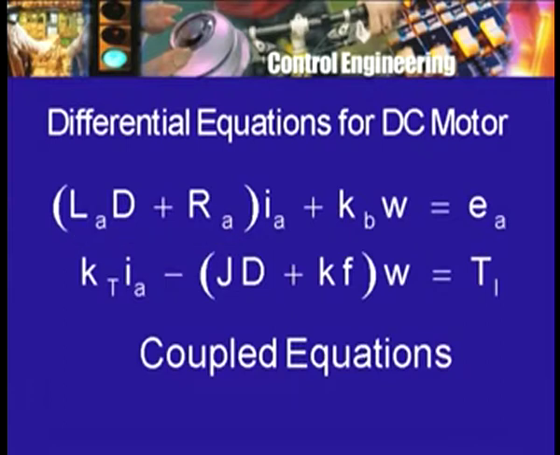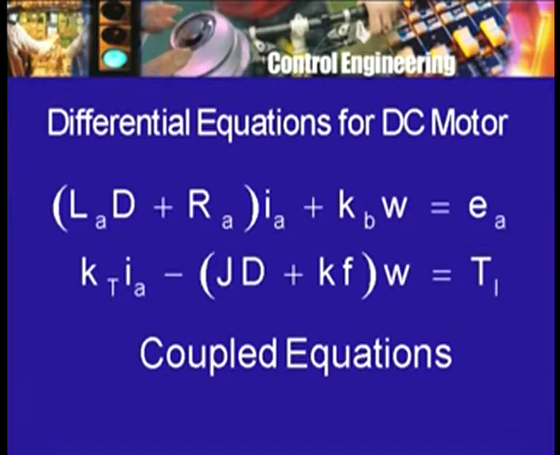One would say that, okay, here is KT IA, here is this multiplying IA. So, multiply this by some suitable quantity and multiply this by a suitable quantity, and then choose those quantities in such a way that the IA term cancels out, and that leaves you only with the omega terms. And of course, on the right hand side you will be acting upon EA and TL respectively.